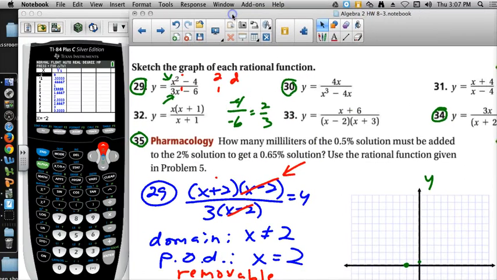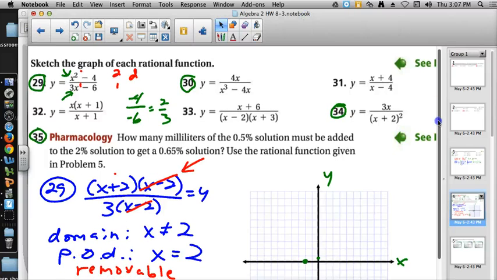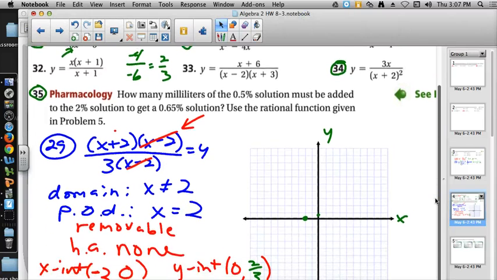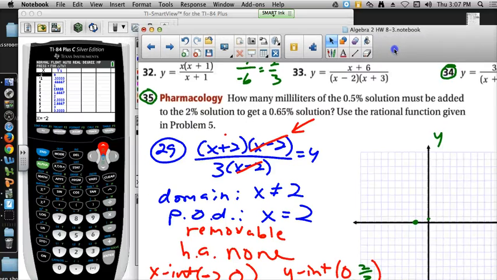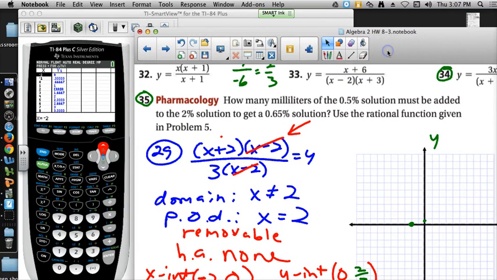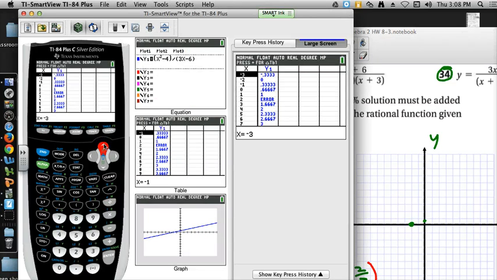Let's see if I can do this on the 2 screens at one time. I think I can pull it off if I move this up a bit. All right. So at negative 4, we are at negative 2/3.